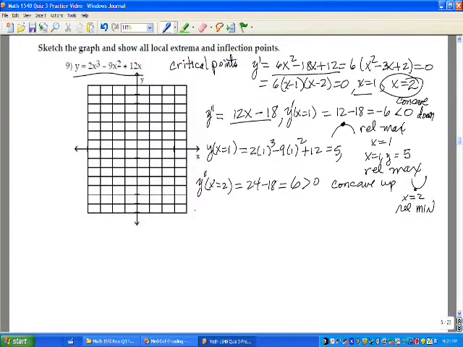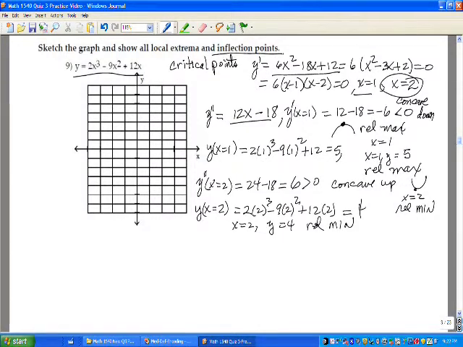Now calculating the value of the function y at x equal 2. That is equal to 2 times 2 cubed minus 9 times 2 squared plus 12 times 2. If you calculate that, it's equal to 4. So we know that the point x equal 2 and y equal 4 is a relative min.